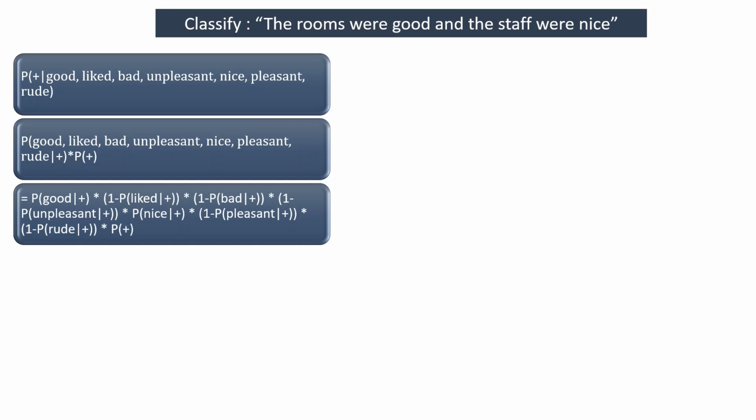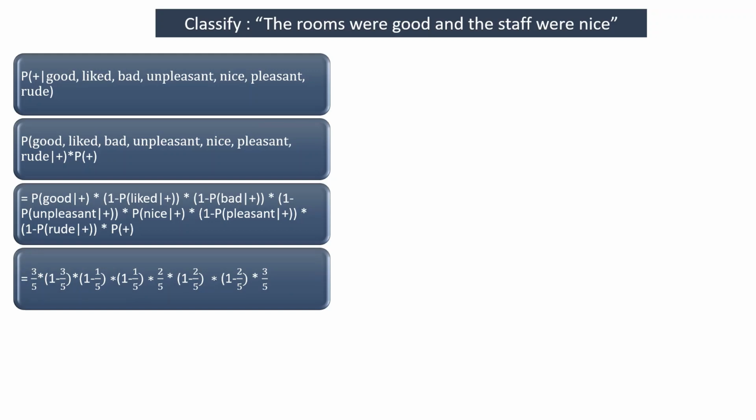So we take the non-occurrence of these features and multiply by 1 minus the probability of the feature that did not occur given positive. So we multiply with 1 minus the probability of liked given positive, 1 minus the probability of bad given positive, and so on, times the probability of positive.